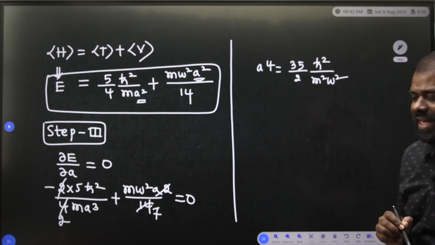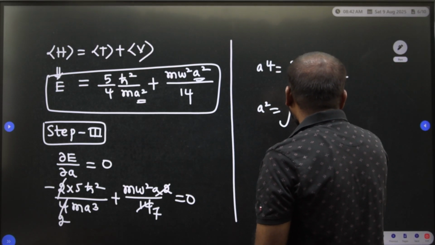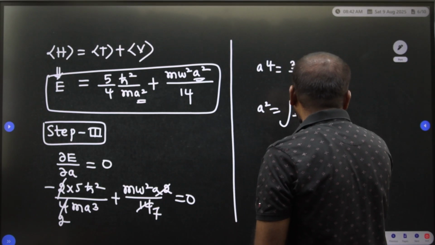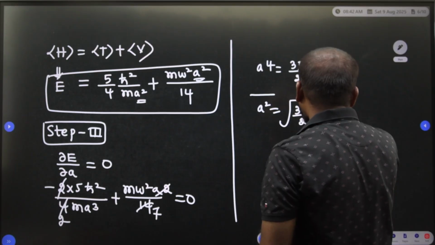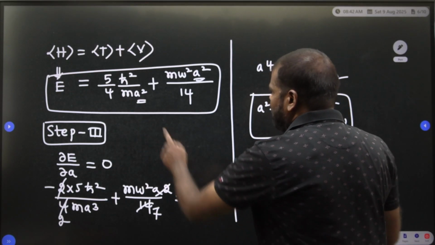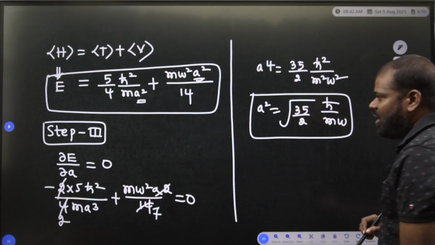Clear? Now a square is equal to square root of 35 divided by 2 into h cut by m omega. This is the a square value, because in terms of a square is there, so I have to calculate the a square value.